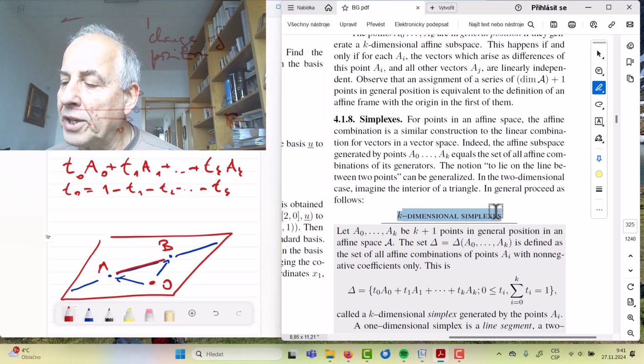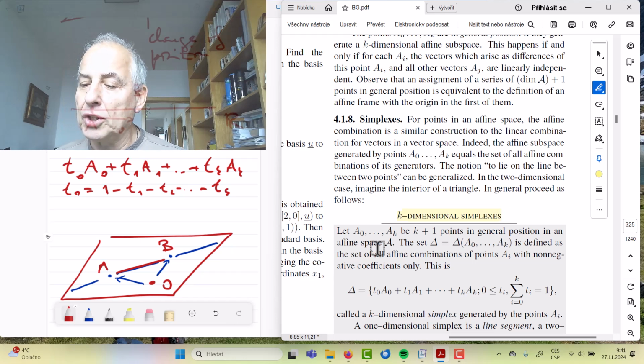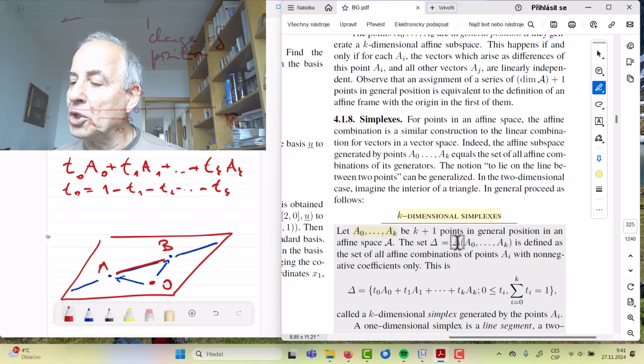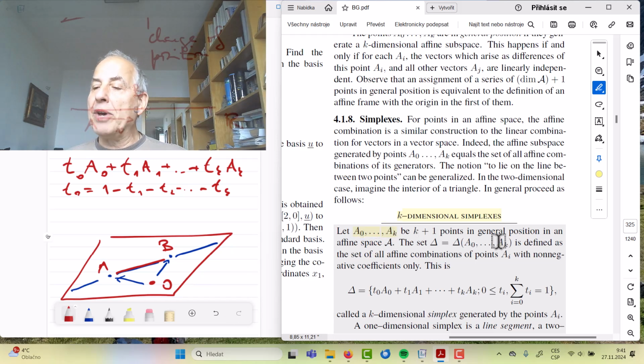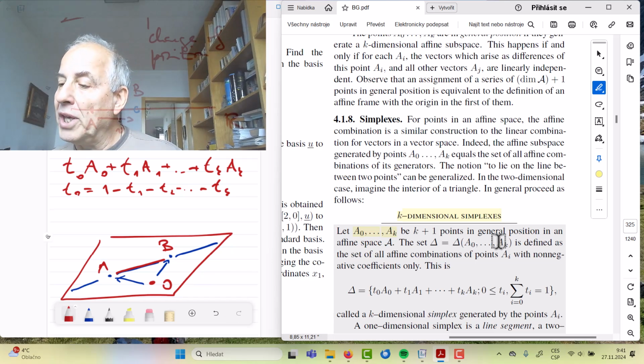In general, k-dimensional simplexes, so this will be a one-dimensional simplex, need k plus 1 points in general position, which means that the generated space of all the affine combinations, the affine subspace, will be k-dimensional.